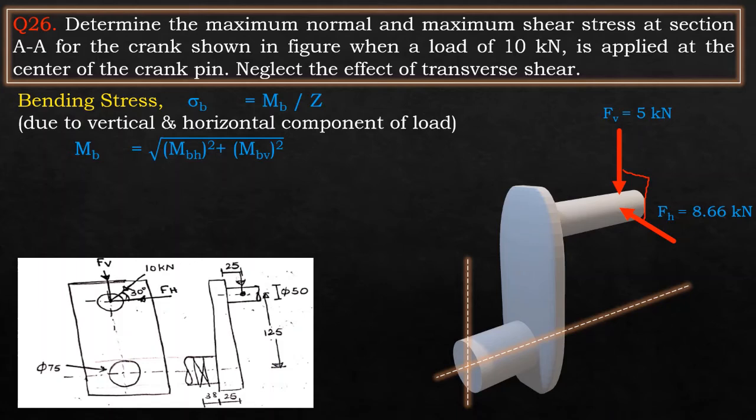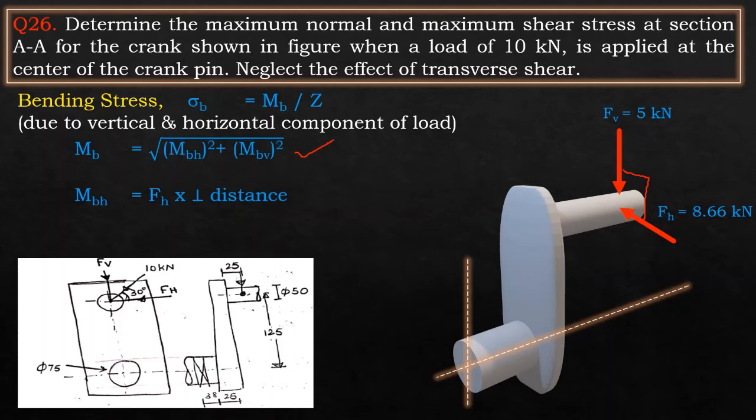Since both the moments are in mutually perpendicular directions, we will be using the equation shown on the screen, root of Mbh whole square plus Mbv whole square, to calculate the overall bending moment because of the horizontal as well as vertical load components. Here Mbh denotes bending moment due to horizontal component and Mbv denotes bending moment due to vertical component.